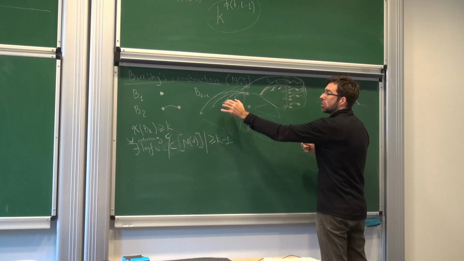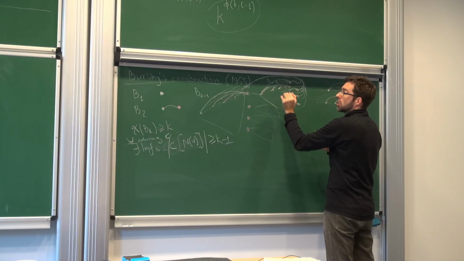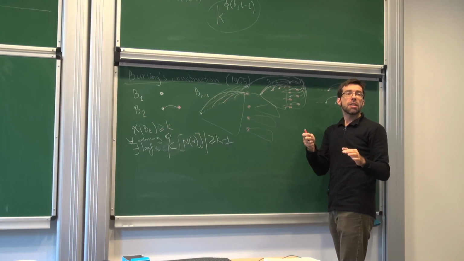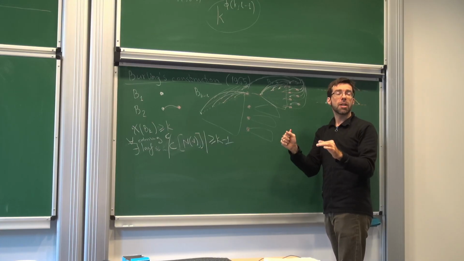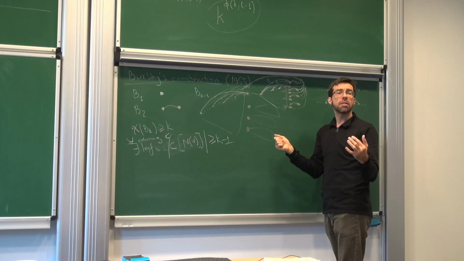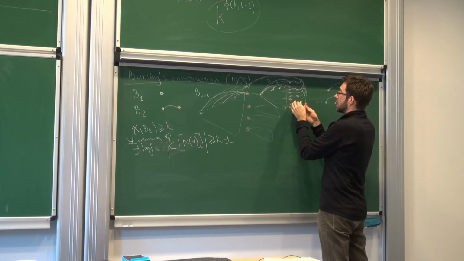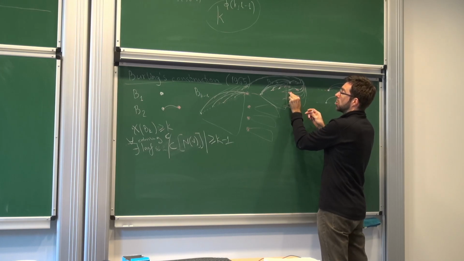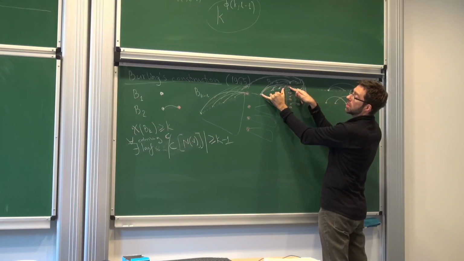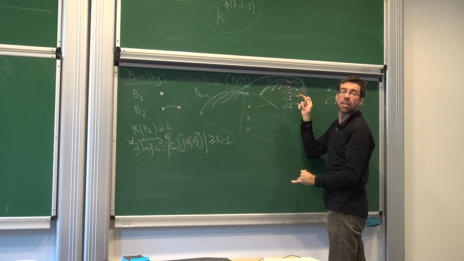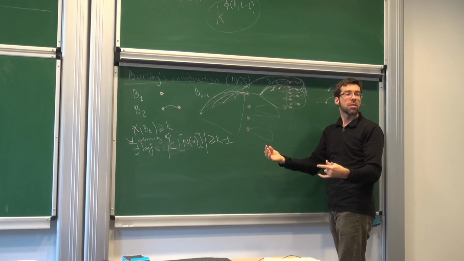So we have k minus 1 distinct colors here and k minus 1 distinct colors here. If these are different sets of k minus 1 colors, then altogether this is a set of at least k colors. And then this leaf, which is connected to both this set and this set, sees at least k colors.